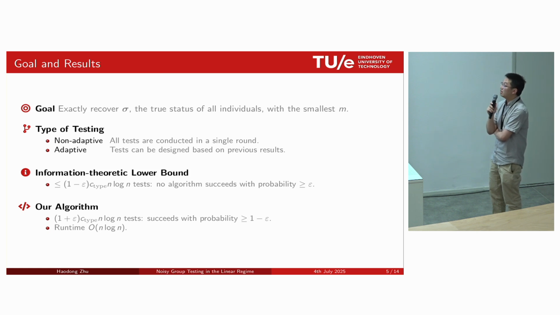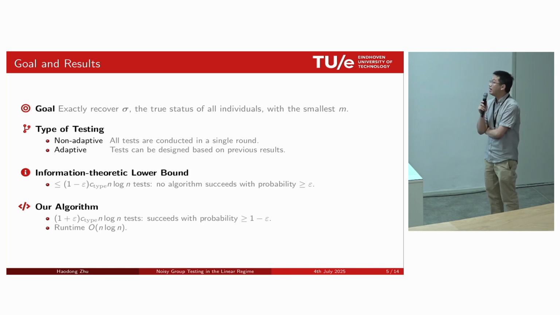The second one is adaptive group testing, where tests can be designed based on previous results. In this way, we can save on the number of tests, but it might need several rounds to conduct the tests. In reality, we want the number of rounds to remain constant as n grows.